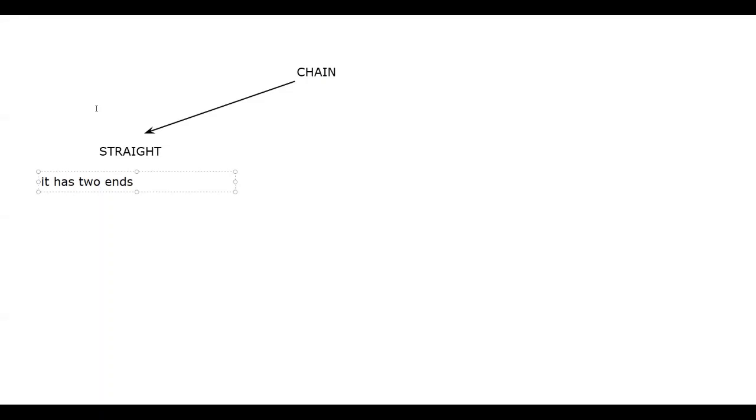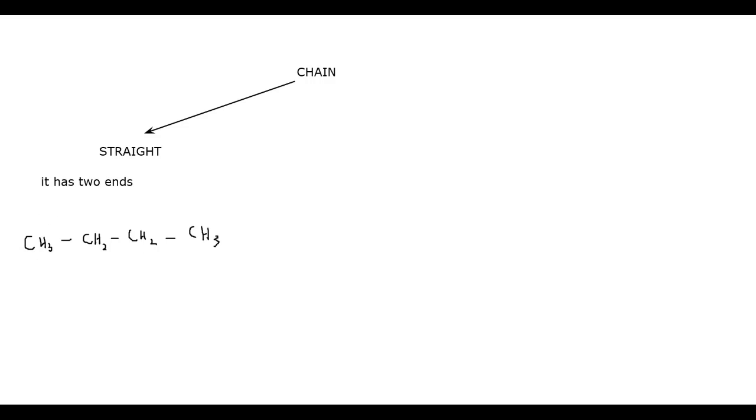If it has two ends, we call that a straight chain hydrocarbon. So for example, if I draw the structure CH3, CH2, CH2, and CH3, how many ends can you see in this?